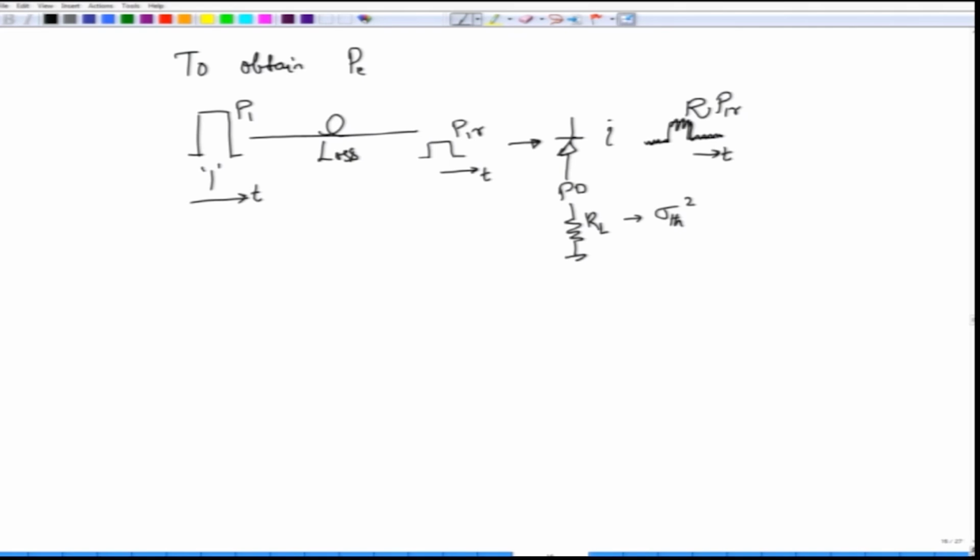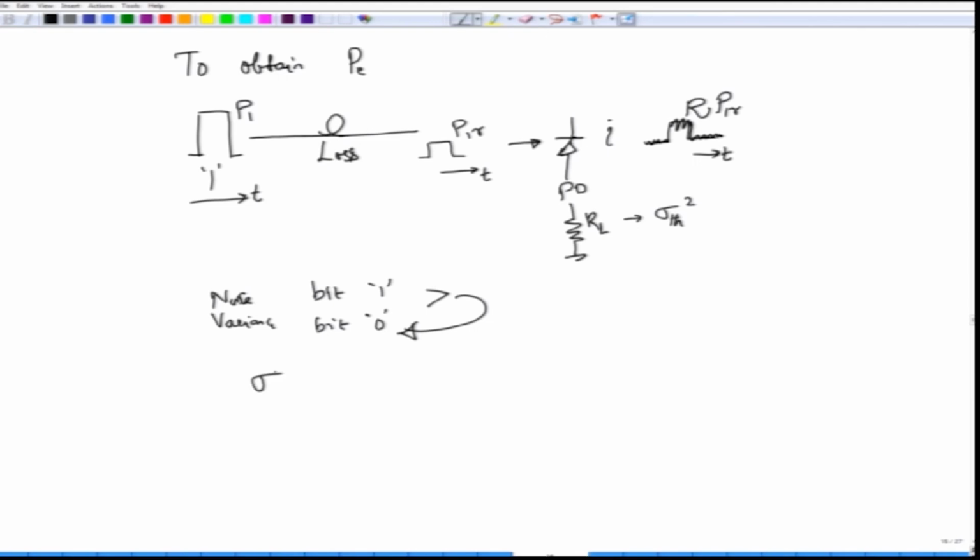Now, compared to a typical radio receiver which you would find in your cell phones or in the older radios, the noise levels for bit 1 and bit 0 are different. In fact, the noise variance of bit 1 is greater than the noise variance of bit 0. Can you guess why that is so?